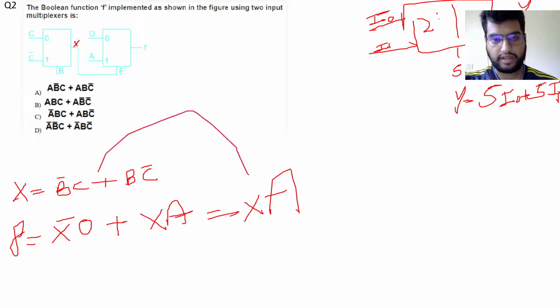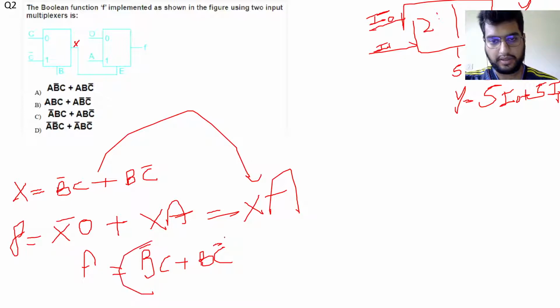Substituting the value of x here, we have f equal to b bar c plus b c bar, multiplied by a.